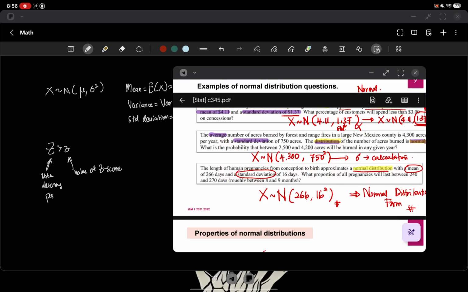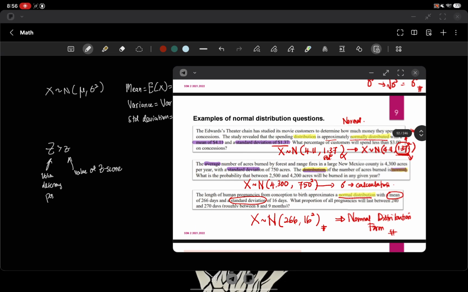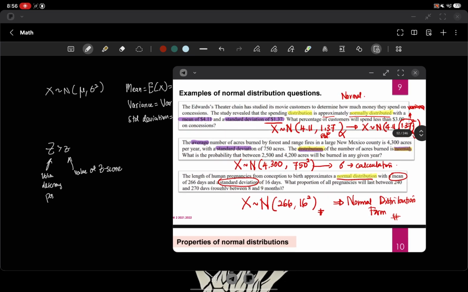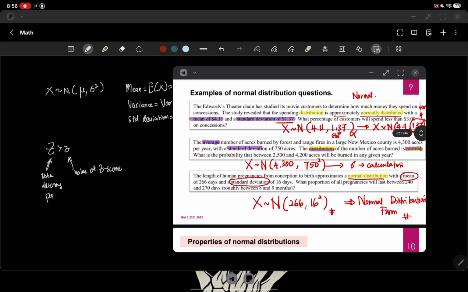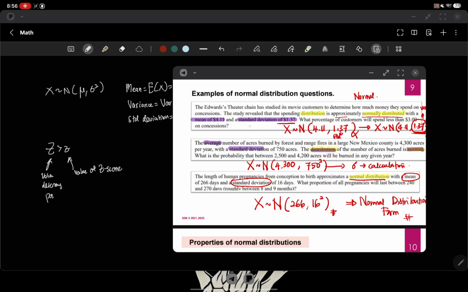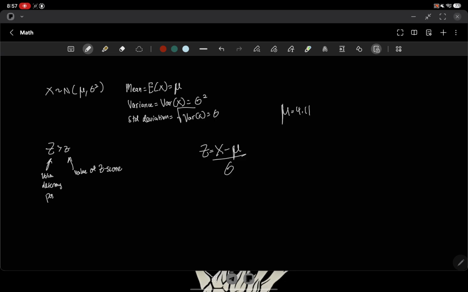Now we'll see the example. For this example, the mean is 411. We know that the mean is 411. Then the standard deviation is 137.